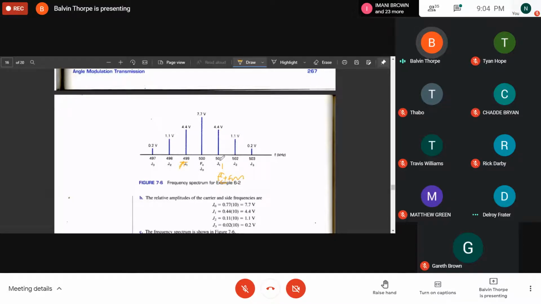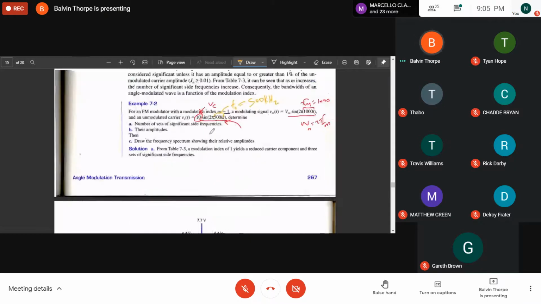So 500 plus 1 is 501 kilohertz. So we know the frequency for the first sideband of J1. And the lower one is going to be 500 minus 1, that's why we get 499 kilohertz.